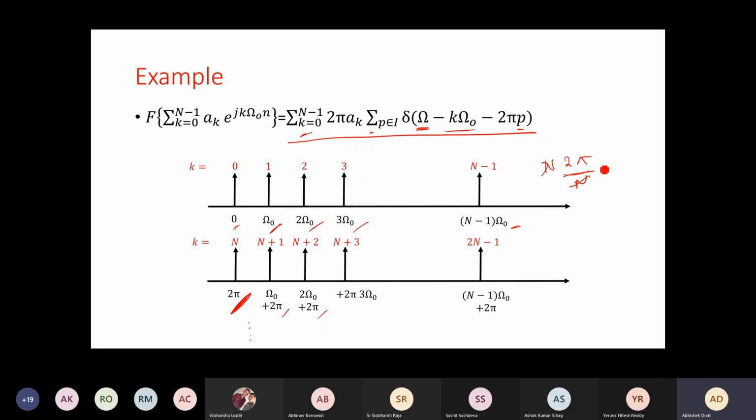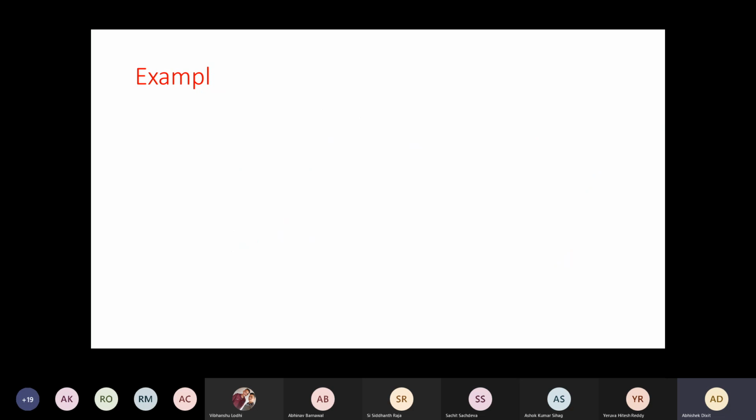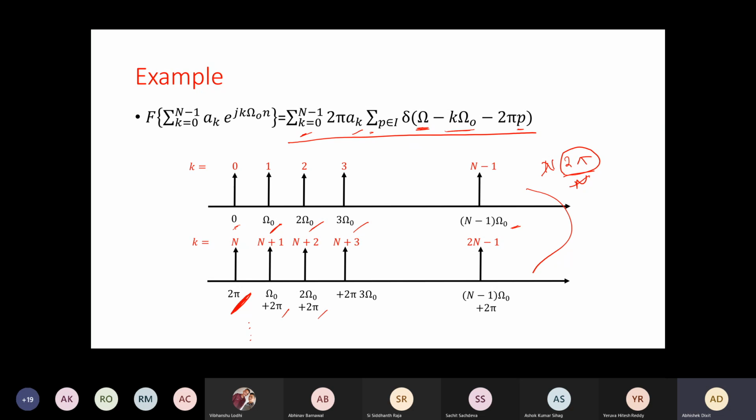So to create an impulse at 2 pi, I could have simply also chosen k as n. So understand this again. Here I am creating all these impulses by using two variables, one is k and one is p.